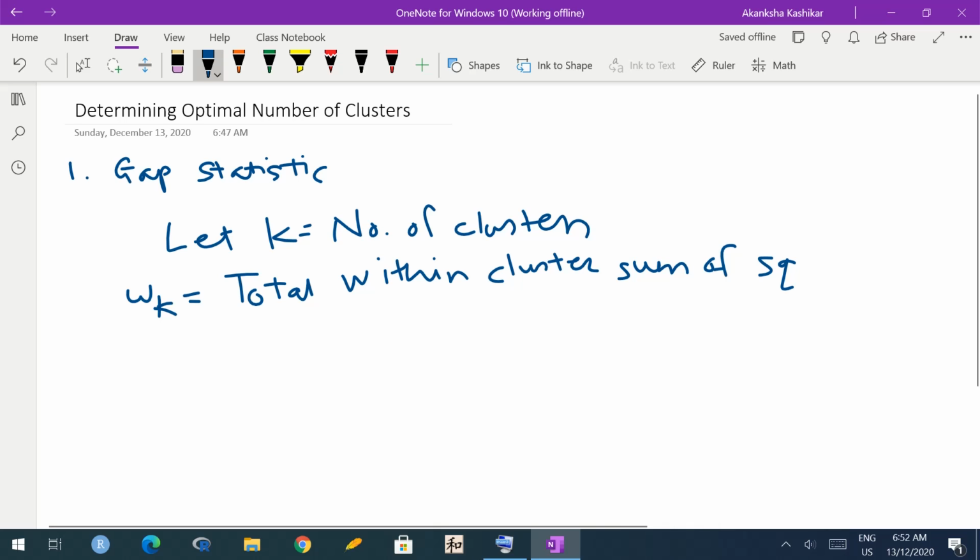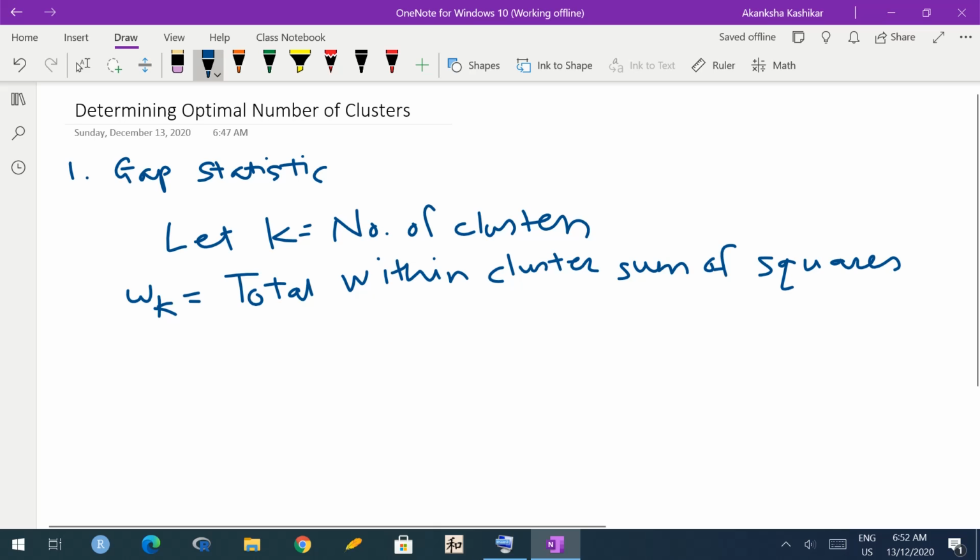Now, if this is categorical data, then we can't compute sum of squares, right? For continuous data, we can compute sum of squares type of thing. But for categorical data, we can't compute that.